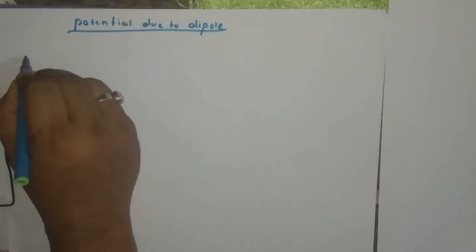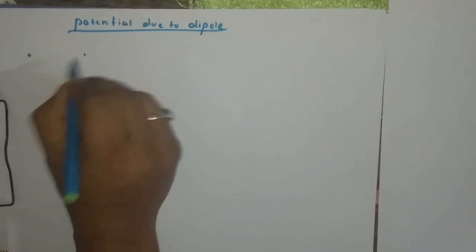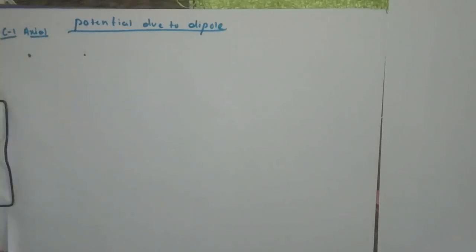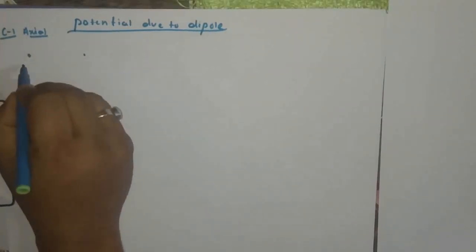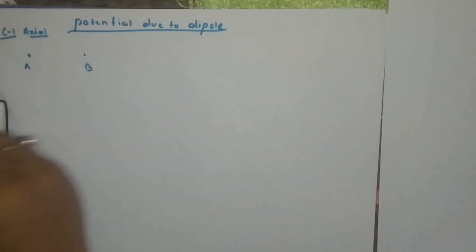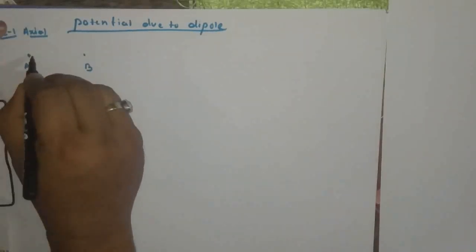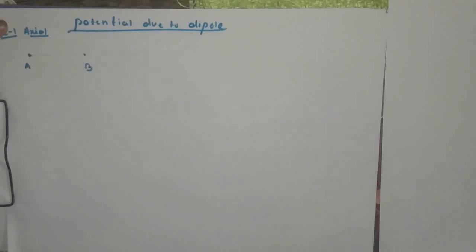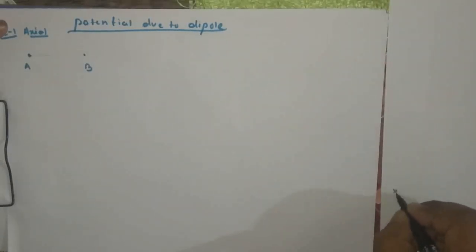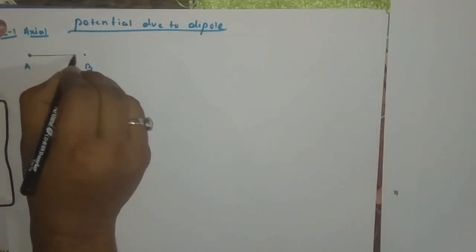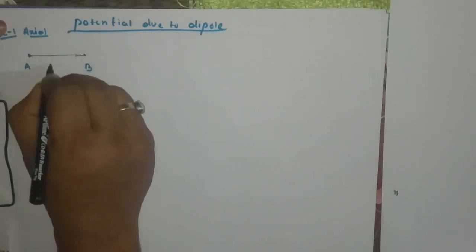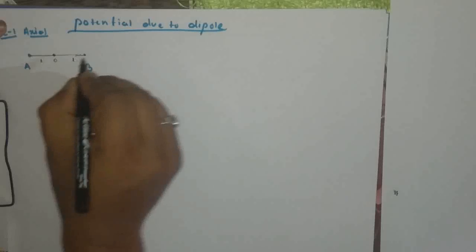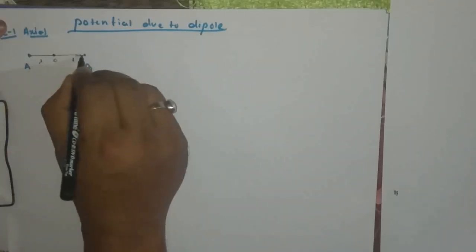Let us consider this is the dipole. I want to write here for the axial axis case. Let this be point A, this be point B. This is my dipole length, let this be origin O. Length is L. This is the axial axis.